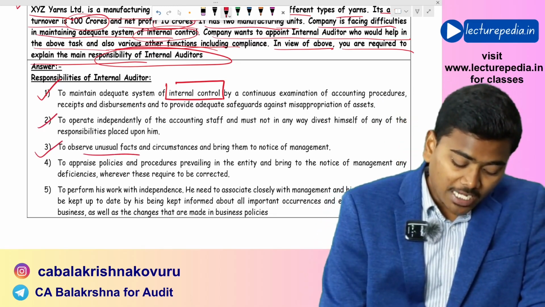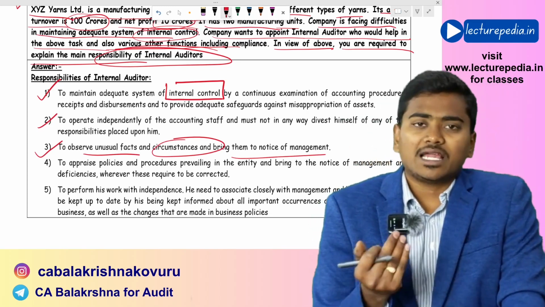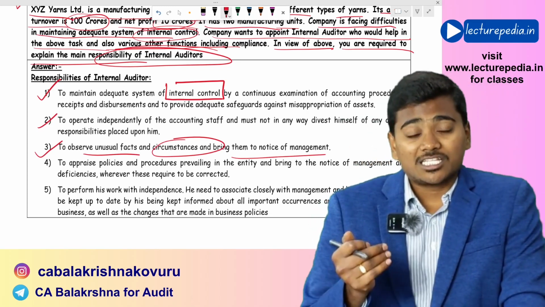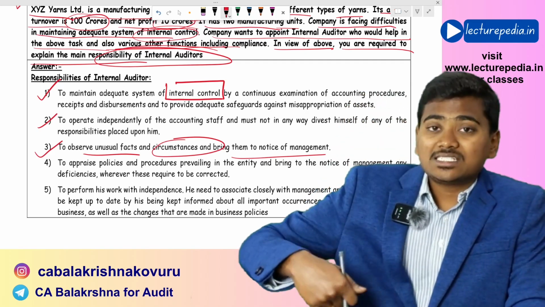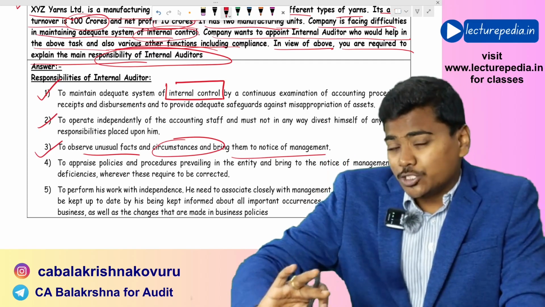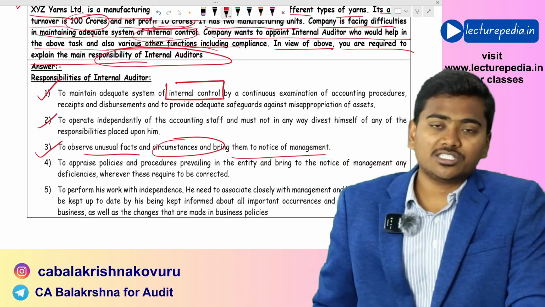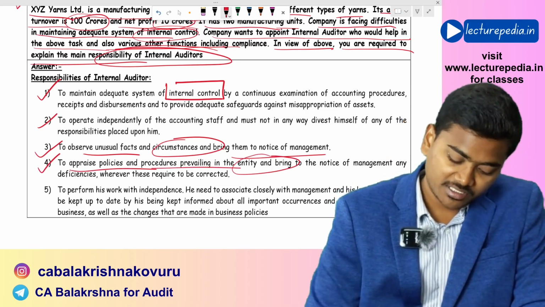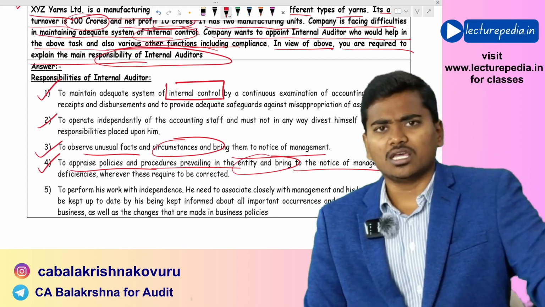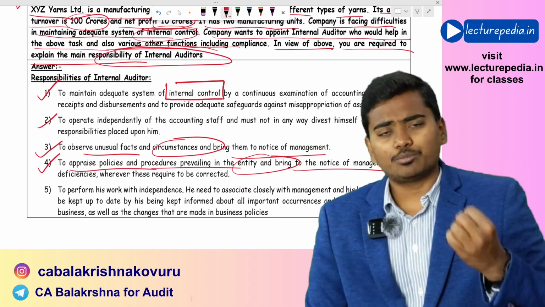Next, to observe unusual facts and circumstances and bring them to the notice of the management. The internal auditor is responsible to report directly to the management. So during his internal audit, if he finds any unusual facts, he should bring them to the notice of management immediately, and to apprise policies and procedures prevailing in the entity and bring them to the notice of management. In the entity, the management would have established various policies and procedures.